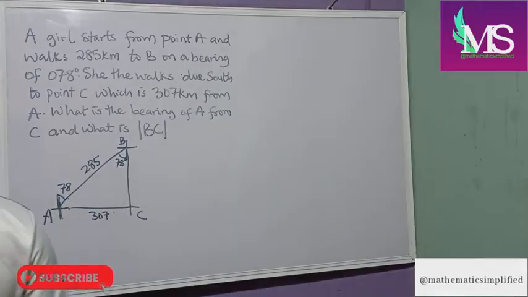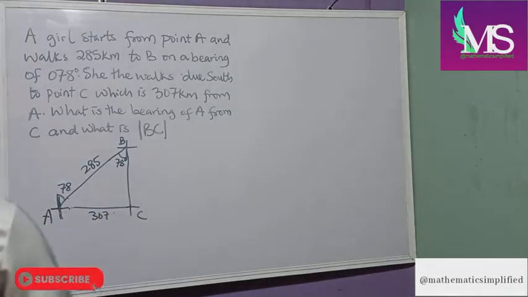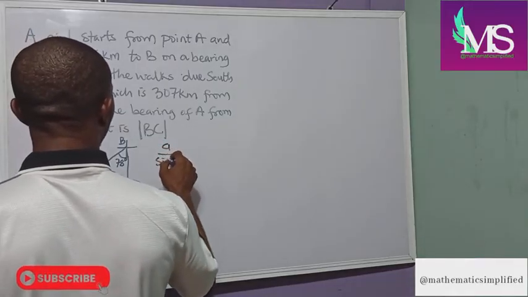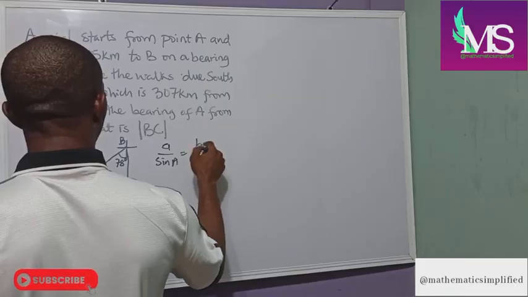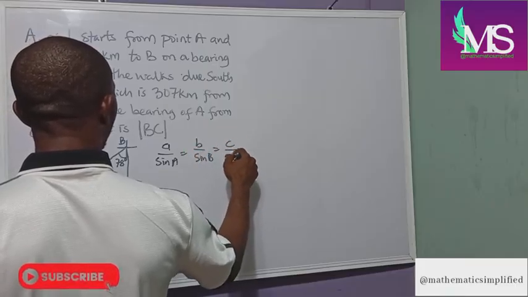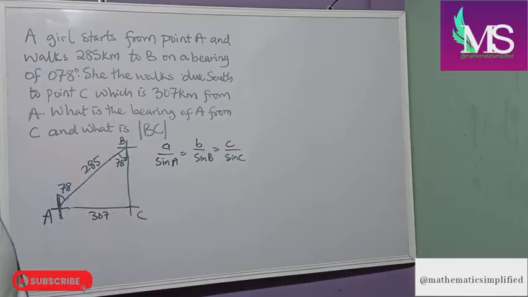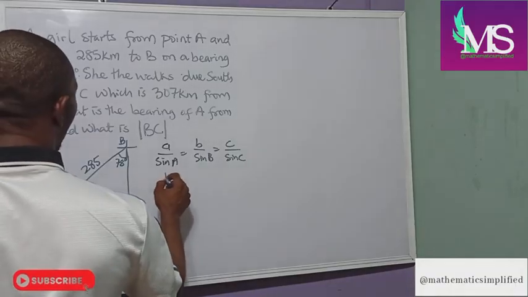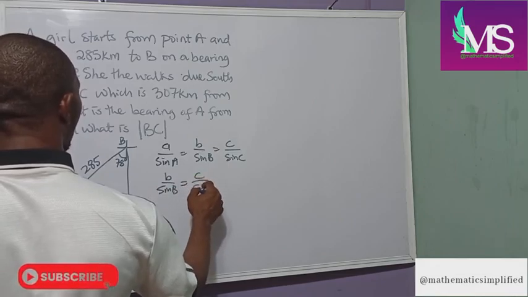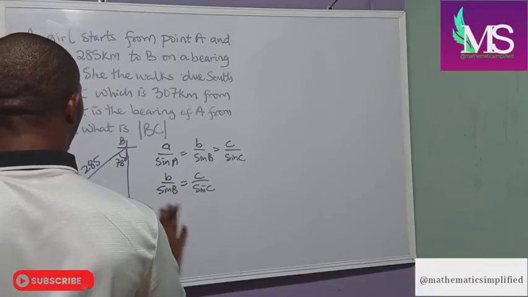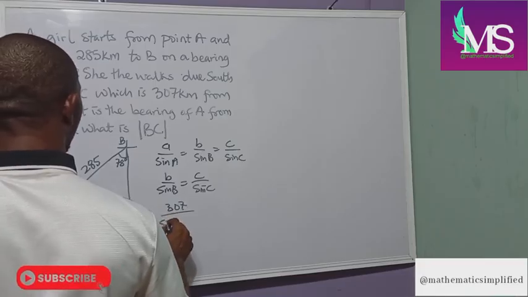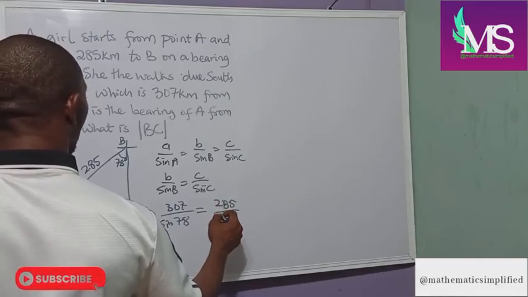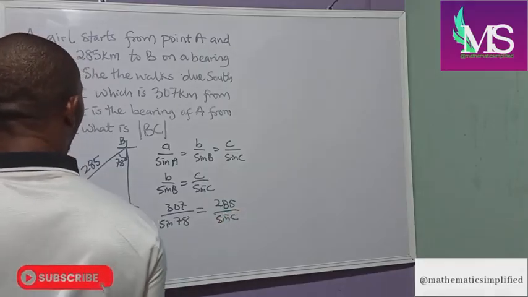For us to know our bearing of A from C, we need to calculate our angle C. So using the sine rule, a over sine A equals b over sine B equals c over sine C. Now we have angle B complete, so we can find our angle C. So b over sine B equals c over sine C, which will now give us 307 over sine 78 equals 285 over sine C.